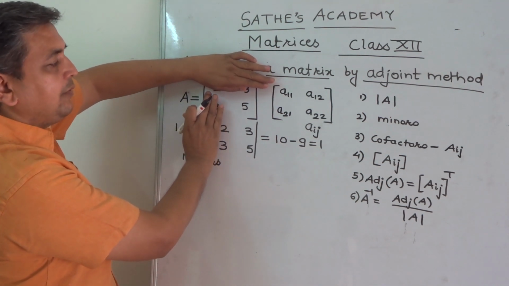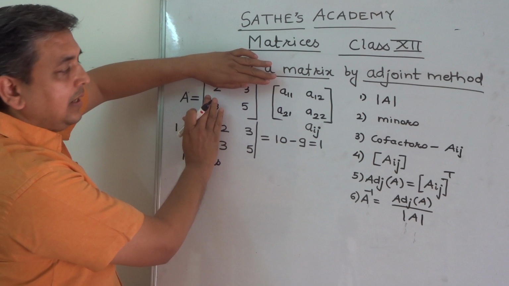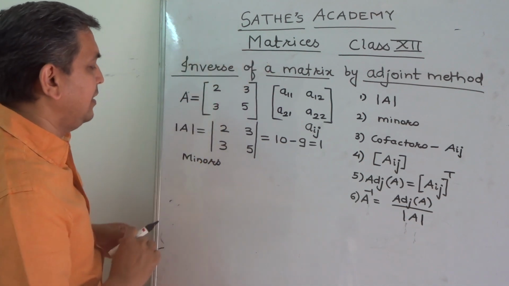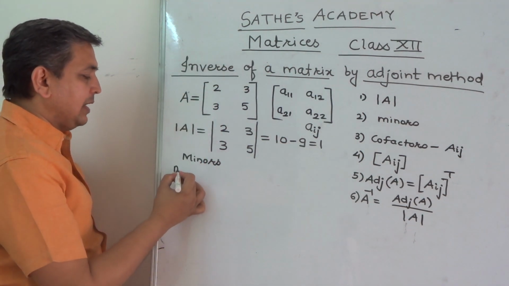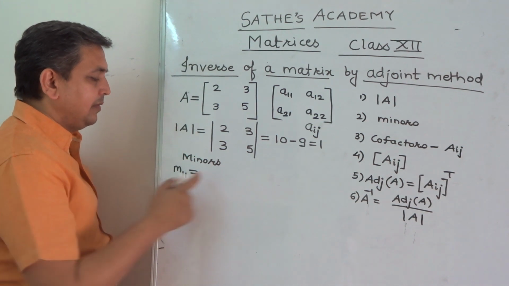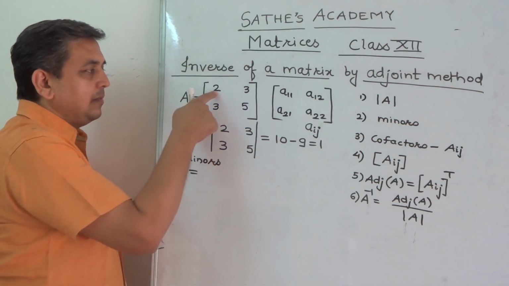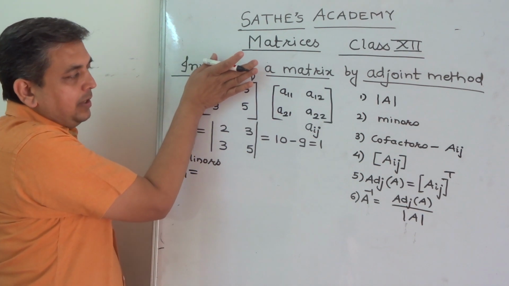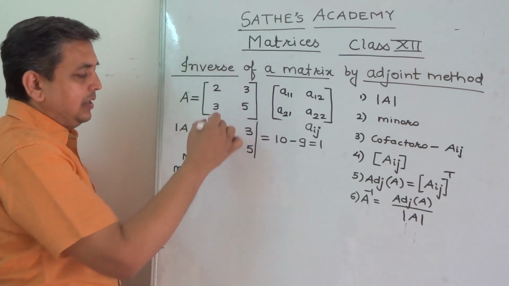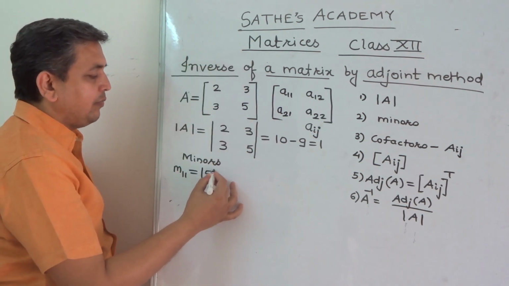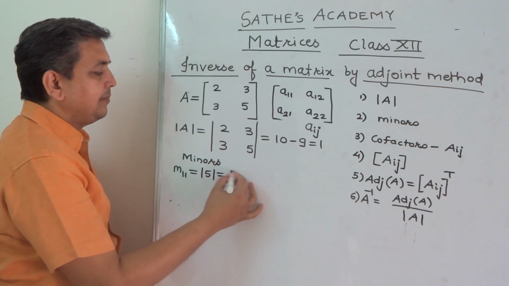Whatever left, we find determinant of that value and that gives the minor. So we denote first minor as M11. First row, first column. Minor of 2. We omit this row, omit this column. Then we find the determinant of 5 and the answer will be 5.